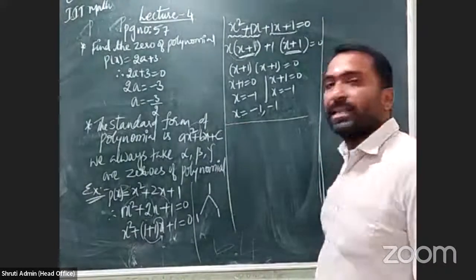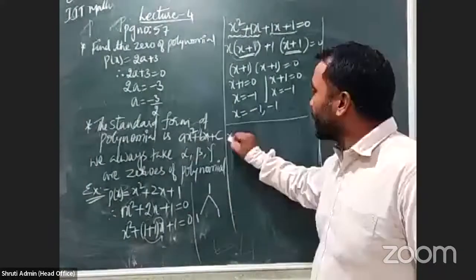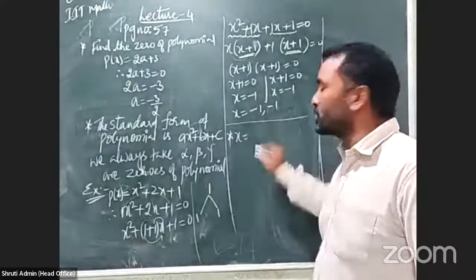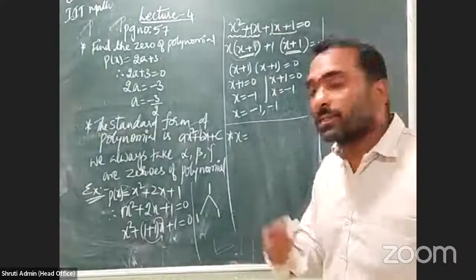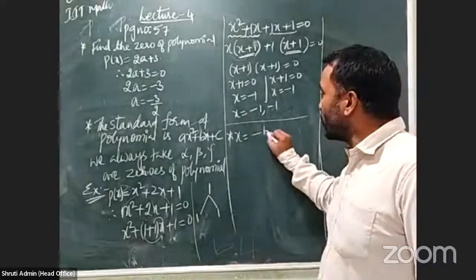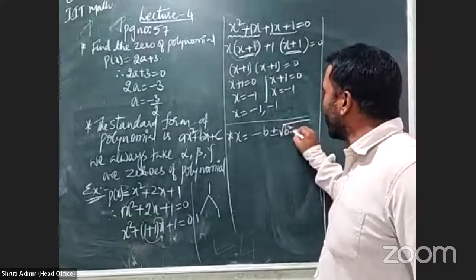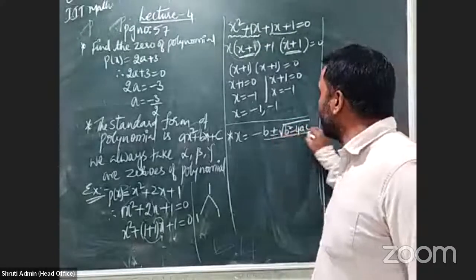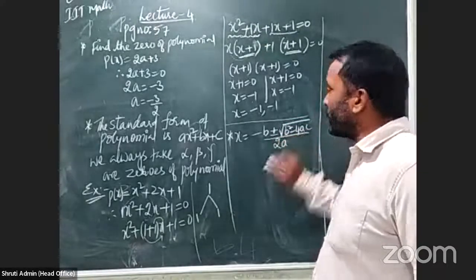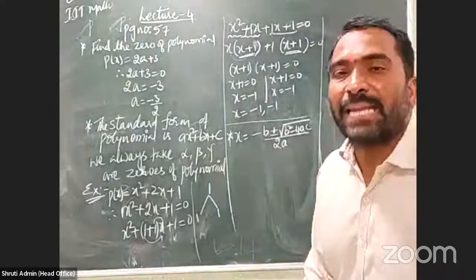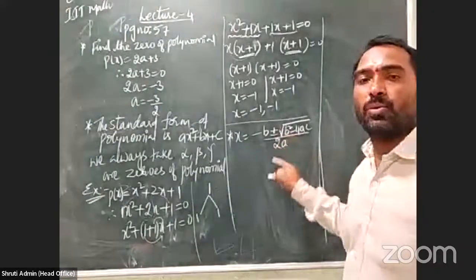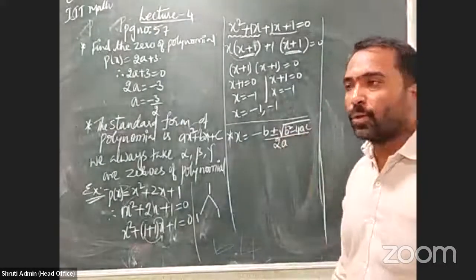But what is another method to find the zeros? Another method is x equal to minus b plus or minus root of b square minus 4ac, by 2a.